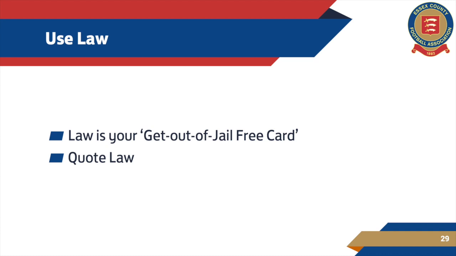By using those keywords of quoting law, you're ticking those boxes around what law says. So the manager can't say, well, it wasn't excessive, because you've got that argument backed up by using law to sell that decision further.